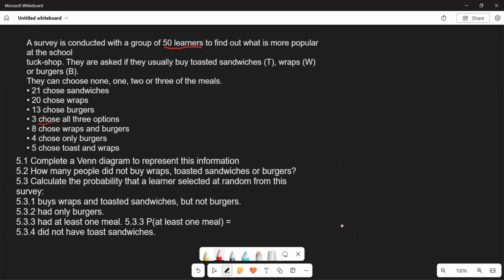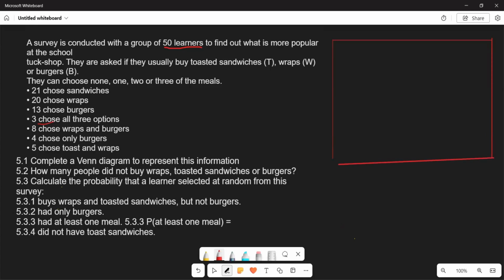Now let's see firstly what it is that we can do. Because these events are 3, we are going to try and represent all of this. The first question wants us to draw a Venn diagram for this. So if we want to draw our Venn diagram, we need to represent all the 3 particular events. So let me try and make it as big as possible so that we can squeeze at least all those 3 events.